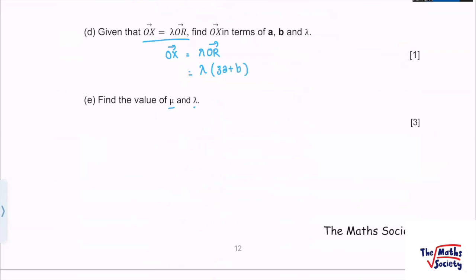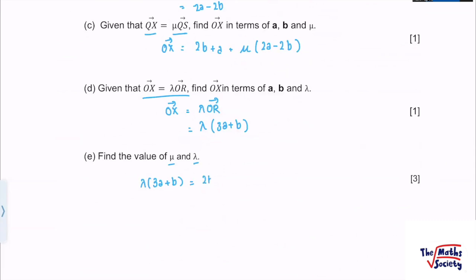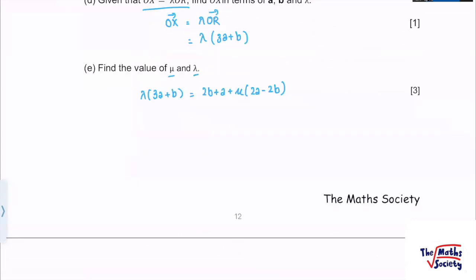So you need to find mu and gamma. That's just going to be gamma times 3a plus b, which equals 2b plus a plus mu times 2a minus 2b. So you'll have 3 gamma equal to 1 plus 2 mu, because it's the a's. Now for the b's, gamma equals 2 minus 2 mu. That's gamma plus 2 mu equal to 2.